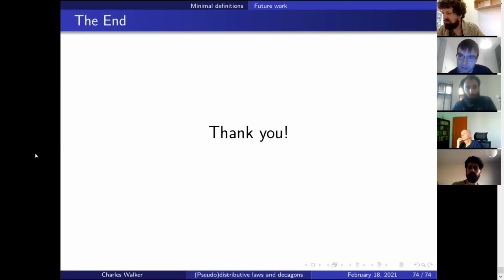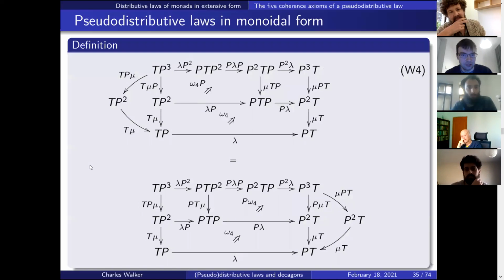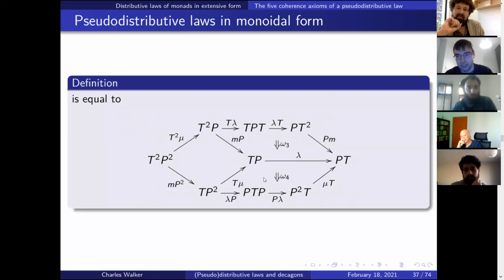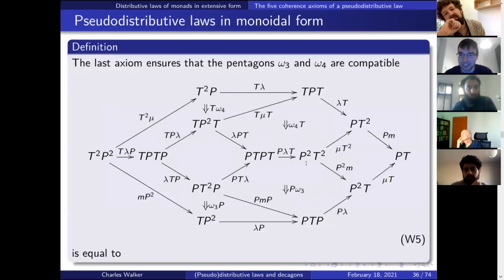That's correct. And then the 5th one, what should represent that one? The 5th one is just this interchange axiom between the 2 pentagons. Yes, this axiom says this pasting is equal to this one. That's sort of the worst axiom, but it's the one that you need. Okay, thank you.